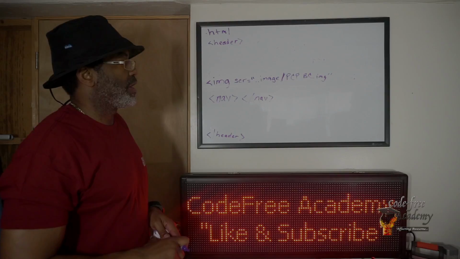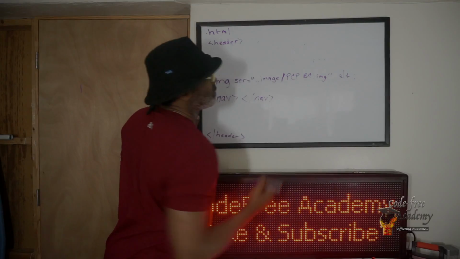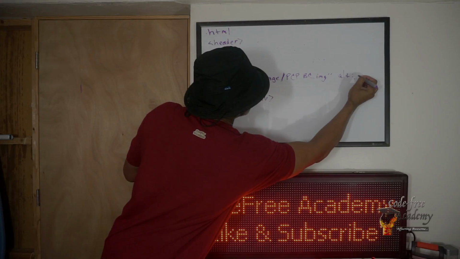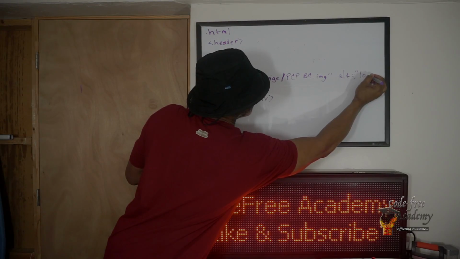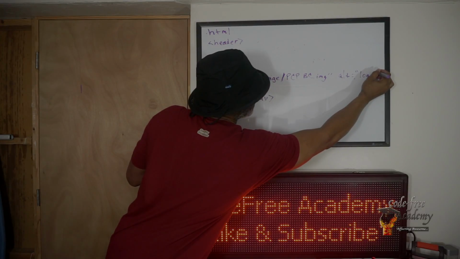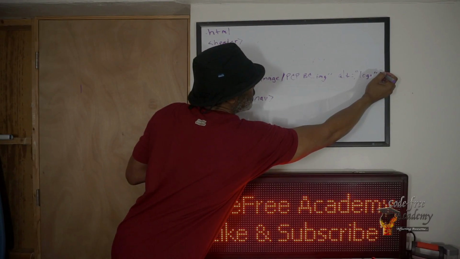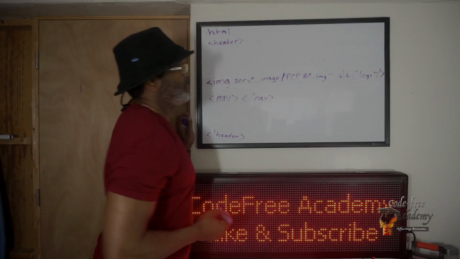And after that, we want to add an alt attribute. Value with a description of our image, which in this case is logo. And we use this for SEO purposes. Backslash angle bracket.